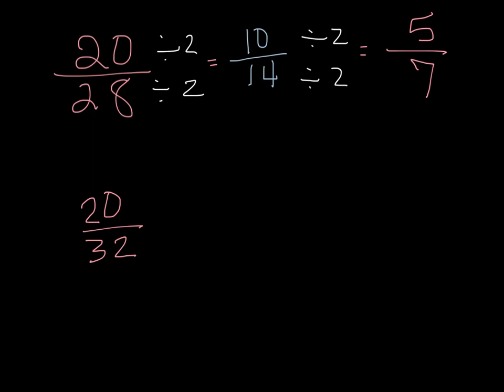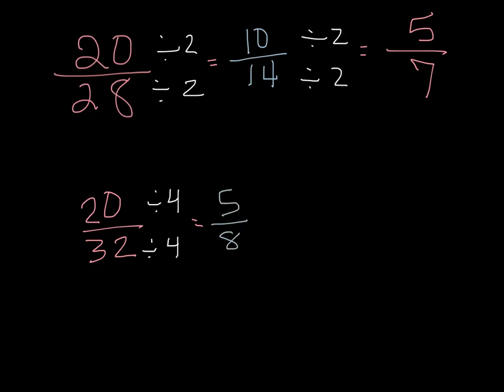No, 3 is not a factor of 20 or 32 as far as I can remember. What about 4? Well, I know that 4 goes into 20, and 4 goes into 32, I think. I'm going to try 4. So I'm going to divide both by 4, and that is going to leave me with 5/8.